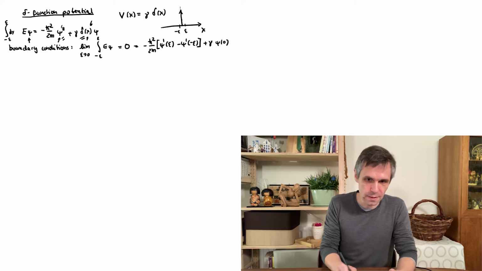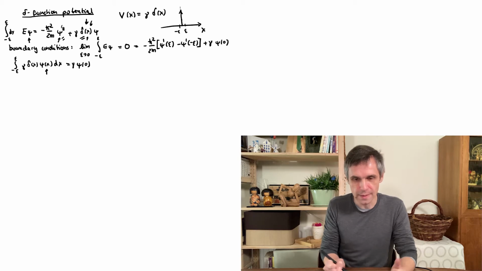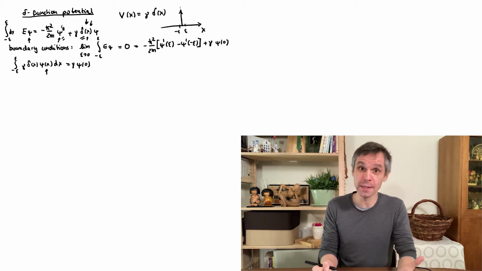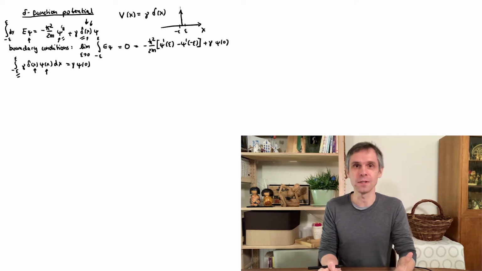So what I've done here is to integrate this term here over this small interval. And so I just need to insert the value of this function at x equal to 0, which is included in this interval. So integrate over an interval that includes the place where the argument of the delta function vanishes.